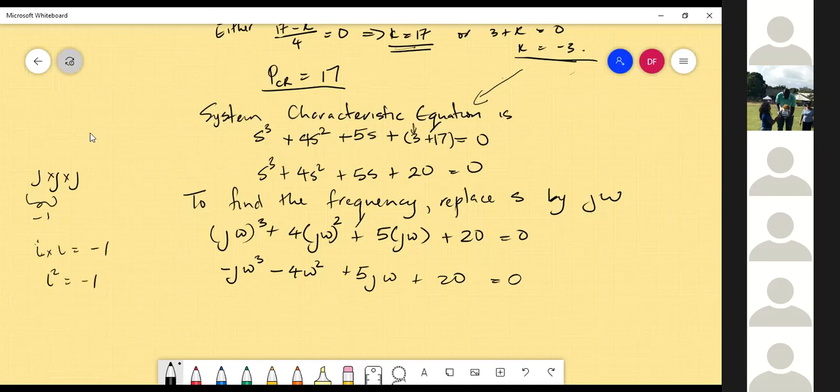All right. So we're going to put the real parts together and the imaginary parts together. This gives me 20 minus 4 omega squared plus j times (5 omega minus omega cubed) equals 0.